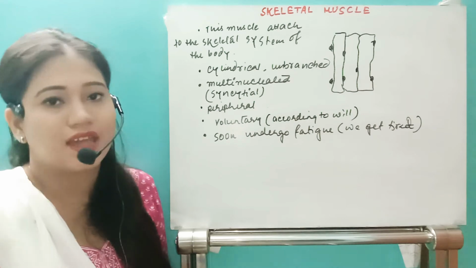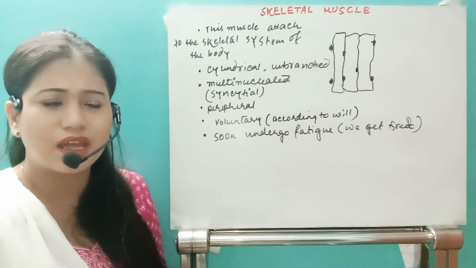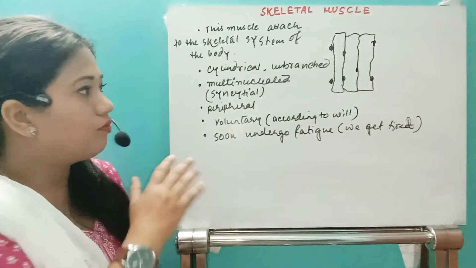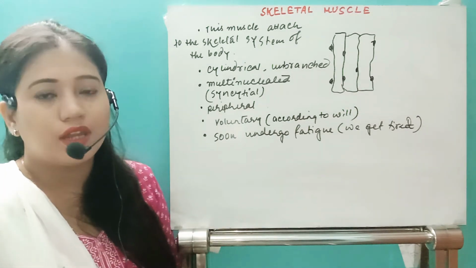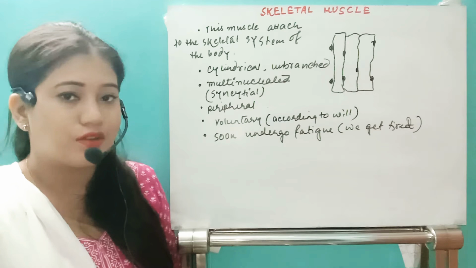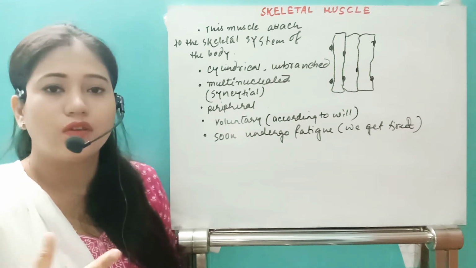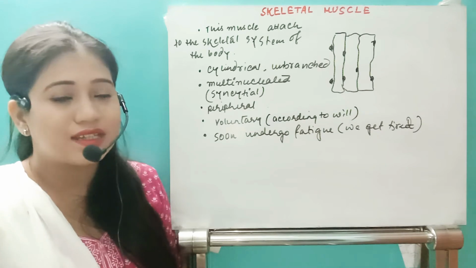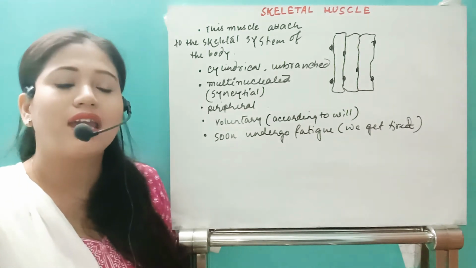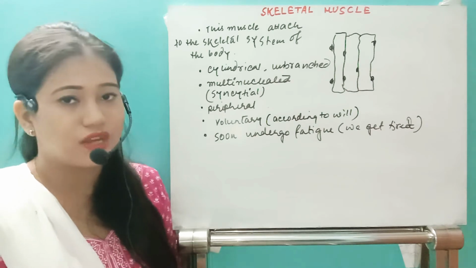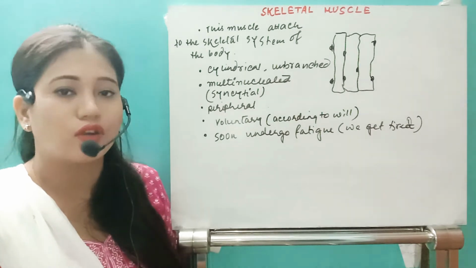So why is this happening, why can a muscle undergo fatigue? See what happens. Whenever it comes to our body, our cells undergo aerobic respiration, right? So whenever you are sitting, or sleeping, at that time the muscles are getting an amount of oxygen which is sufficient. Okay, so that's why the muscles are working.